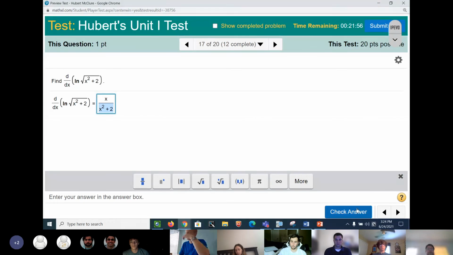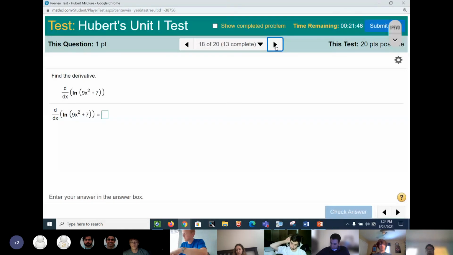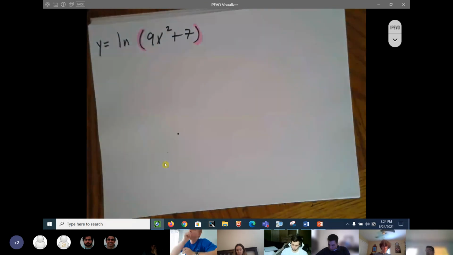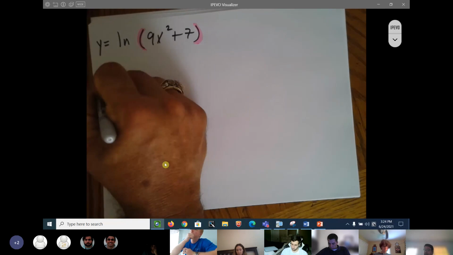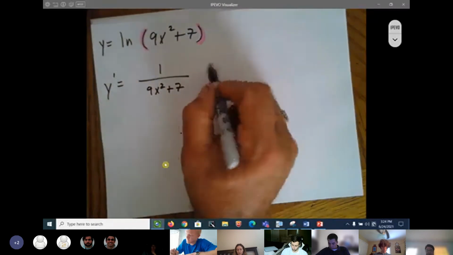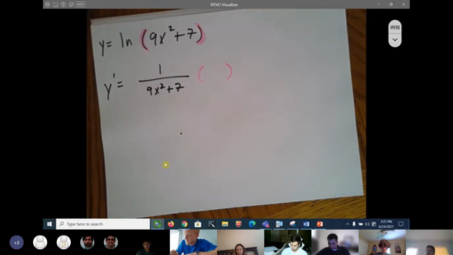Next, same type question. y is the natural log of 9x squared plus 7. And I'm going to take that highlighter. First thing I'm going to do is highlight those what? Parentheses. So y prime is equal to 1 over 9x squared plus 7 times what? 18x.